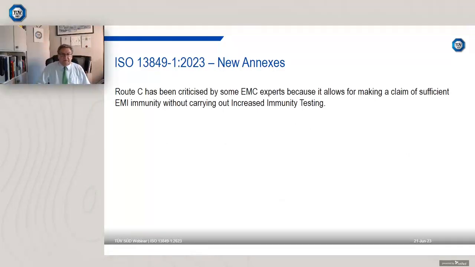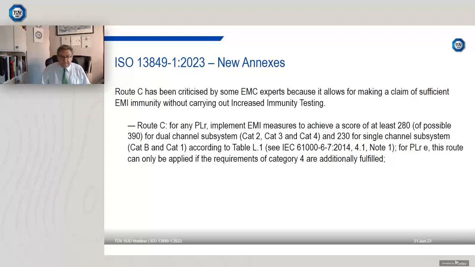amongst some EMC practitioners. So some EMC experts are criticizing it quite heavily because it allows for making a claim of sufficient immunity without carrying out increased immunity testing. And what this describes is going to a table in Annex L, quite a detailed table, quite a big table, that gives a lot of measures that can make a contribution to giving some degree of immunity.